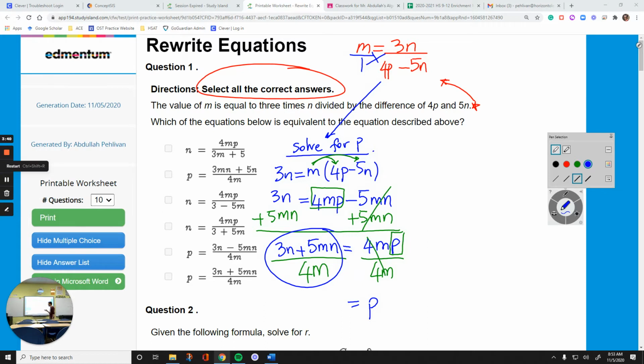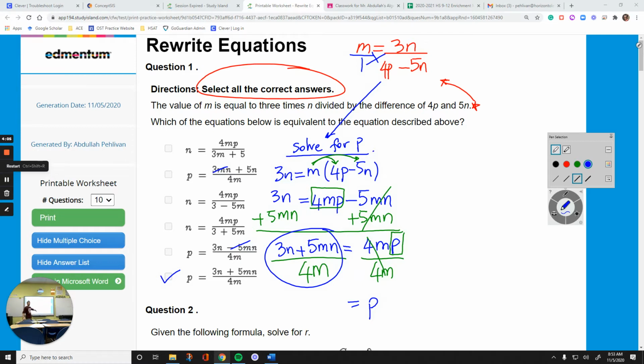So look at the ones that start with p equals. I need 5mn, and this does not say 5mn, so that's not my answer. P is right here, and this is going to be a checkbox. This one is not my answer because this is negative 5mn. I have positive 5mn. So that's what my answer is when I solve this for p.